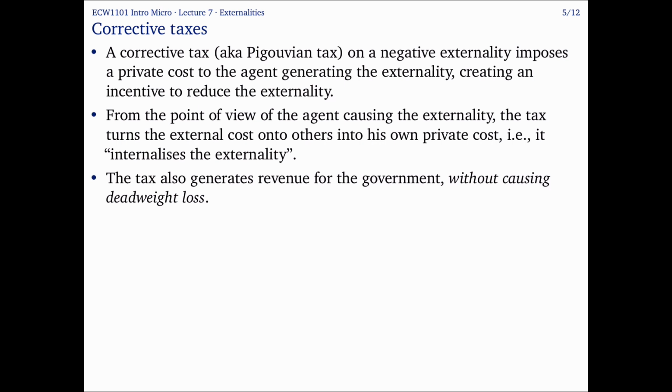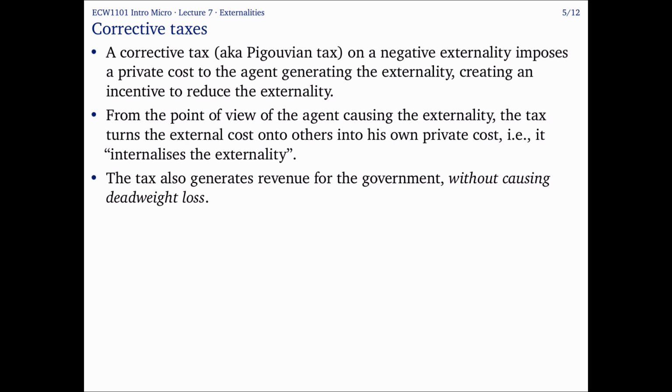Now, the good thing about this, it's kind of a double whammy. It's good in two ways. First, a corrective tax, as intended, corrects the externality, but also it generates revenue for the government. So the government can use the revenue to do whatever. Under the assumption, in everything that we discussed so far, is that the government is out there to do good things.